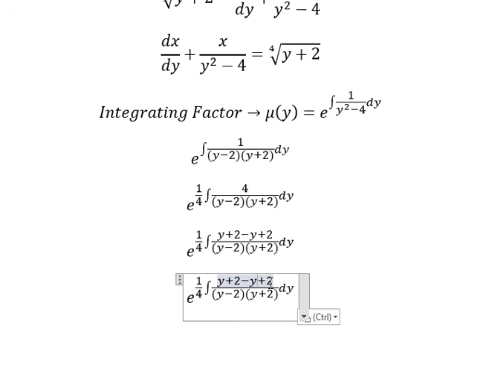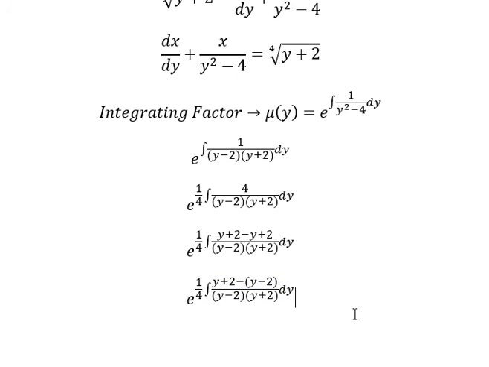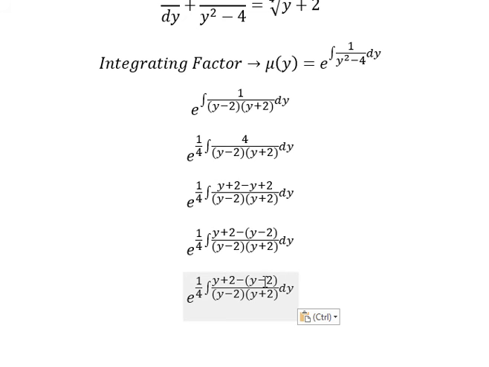So this one I can put into the factor. So we have y minus 2. So y minus 2 divided by y minus 2, y plus 2 divided by y plus 2.